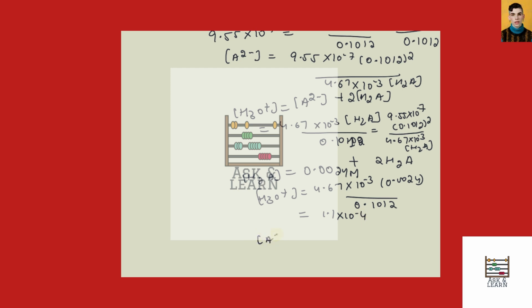Then the concentration of A2 negative equals 9.55 into 10 raised to power minus 7 into 0.1012 square upon 4.67 into 10 raised to power minus 3 into 0.0024, which comes to be 4.34 into 10 raised to power minus 10 molar.